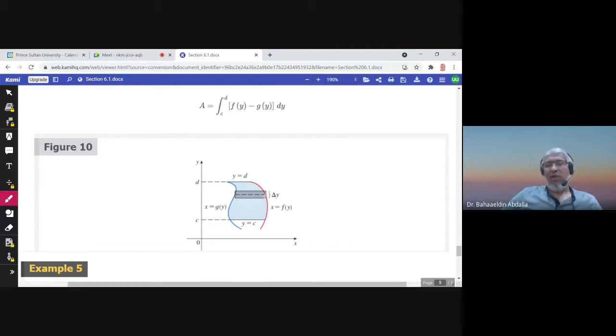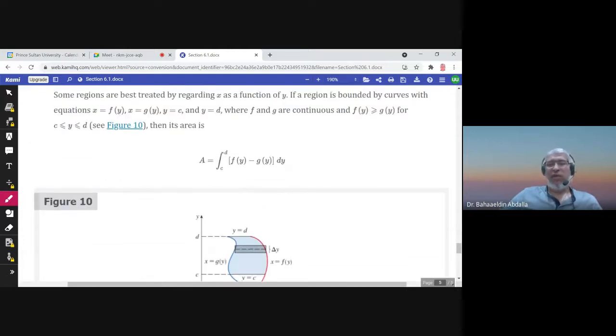The width of the rectangle would be delta y because this is part of y. And the length of the rectangle in this case would be f of y minus g of y, the one to the right minus the one to the left. And in this case, we have to solve the equations for x.